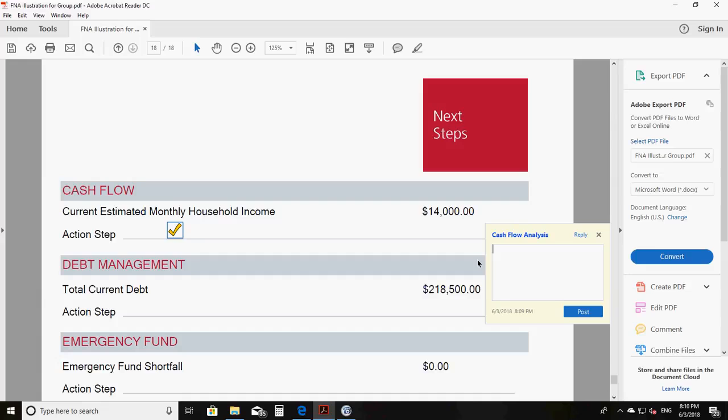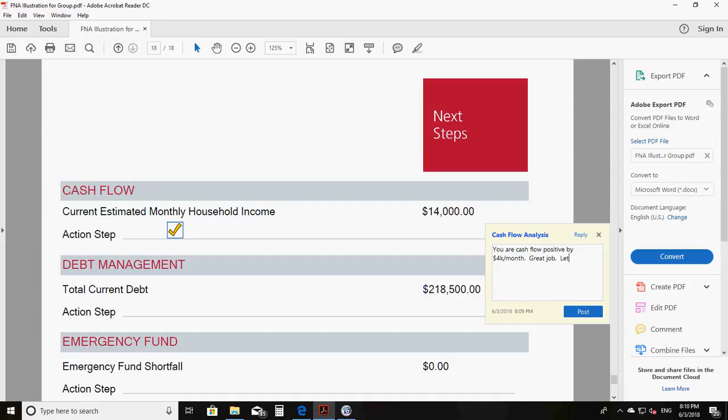For this particular couple, they were cash flow positive. So you are cash flow positive by, I think it was, $4K a month. Great job. You want to commend them on that. And now you want to make the recommendation.